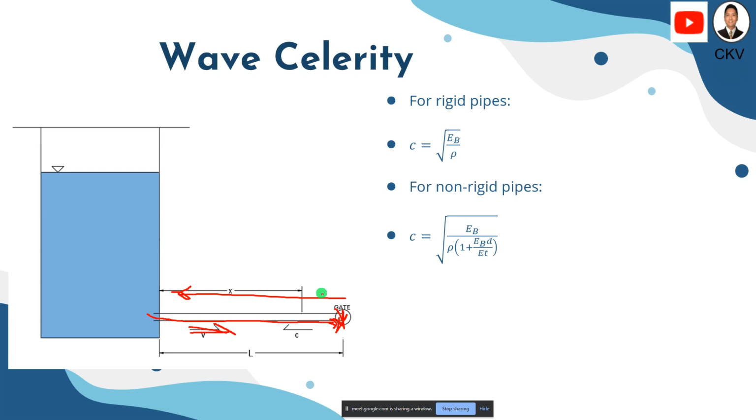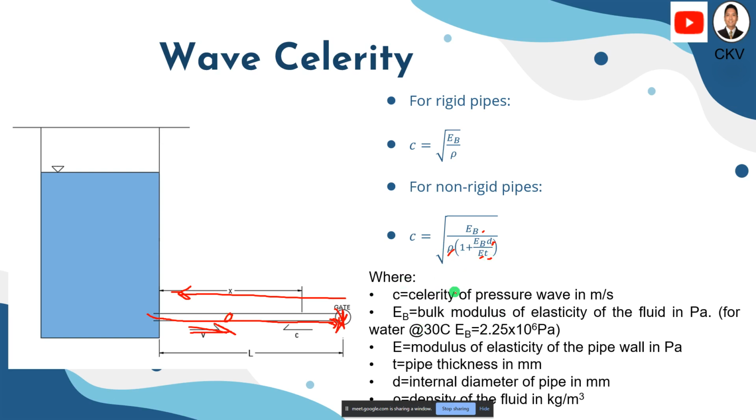For non-rigid pipes, here's the equivalent solution for the celerity: the square root of the bulk modulus of elasticity of the fluid over the mass density of the fluid, multiplied by 1 plus the bulk modulus of elasticity of the fluid times the diameter of the pipe divided by the modulus of elasticity of the pipe wall times the thickness of the pipe. Here are the terms for each variable.